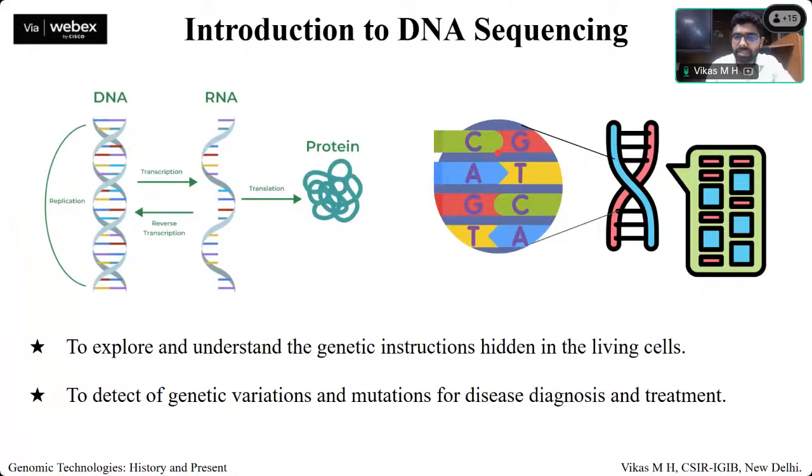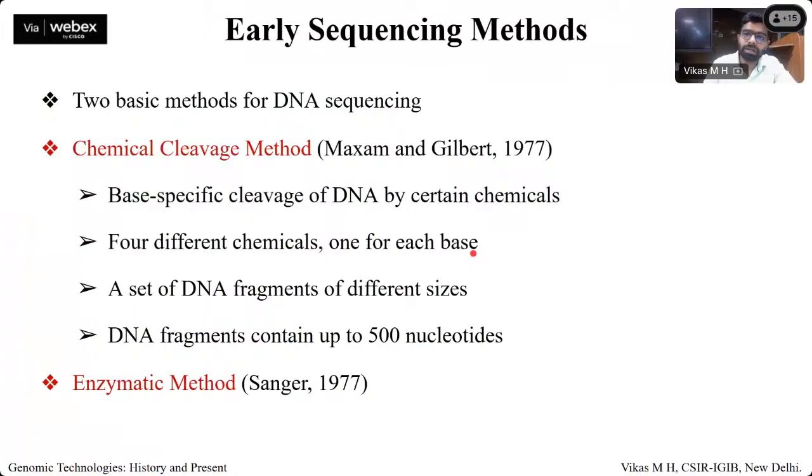DNA is basically a simple sequence made up of 4 different bases called A, T, C, G, purines and pyrimidines. The early sequencing methods were two methods independently developed at the same time: a chemical cleavage method and an enzymatic method.